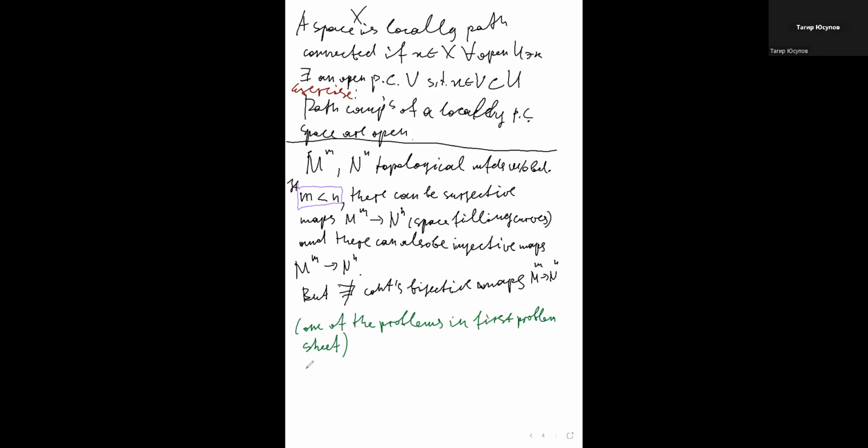And well, if m is greater than n, there are no injective maps from m to n.